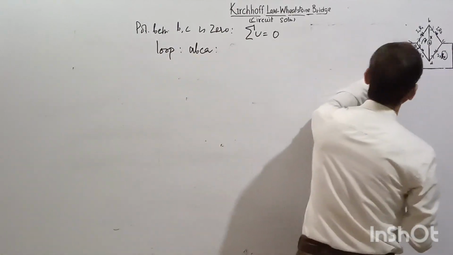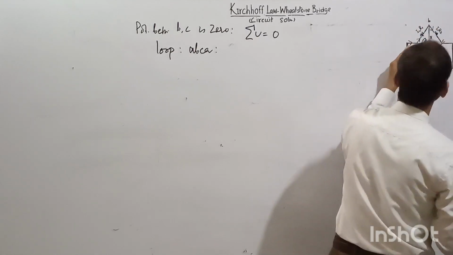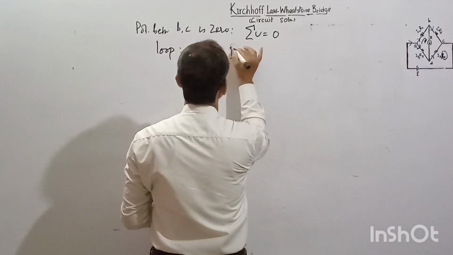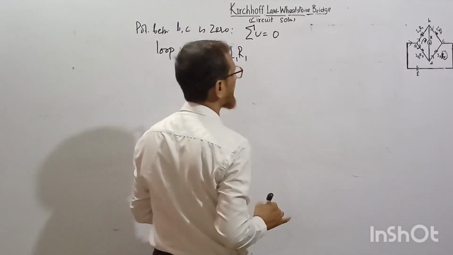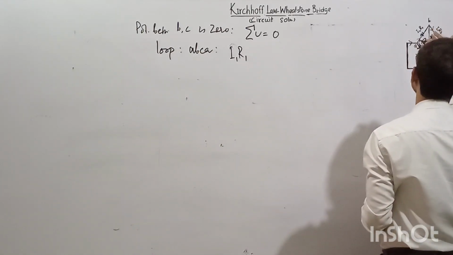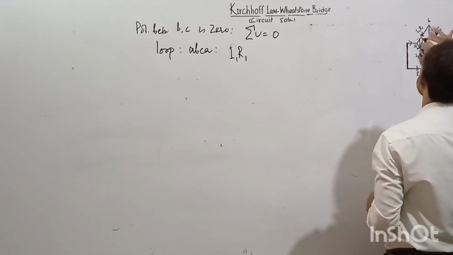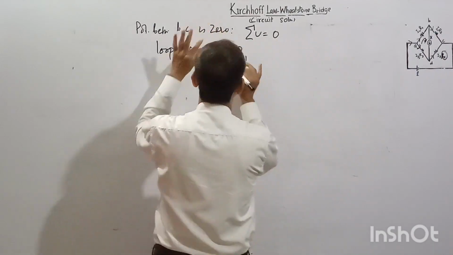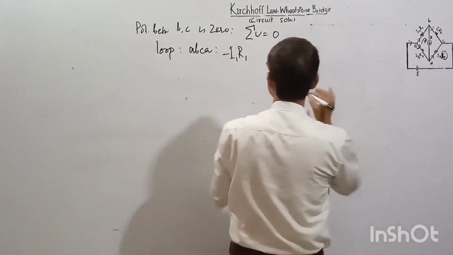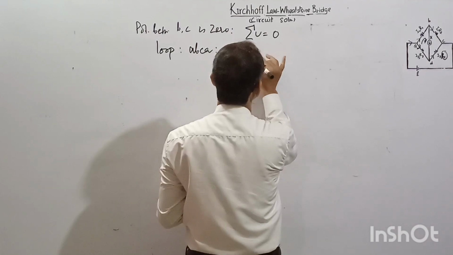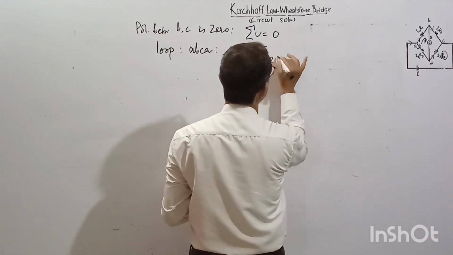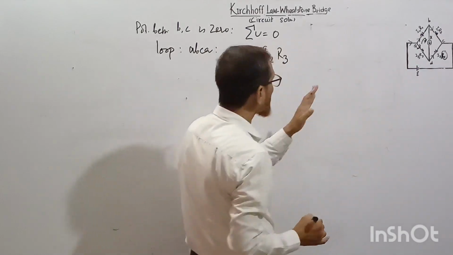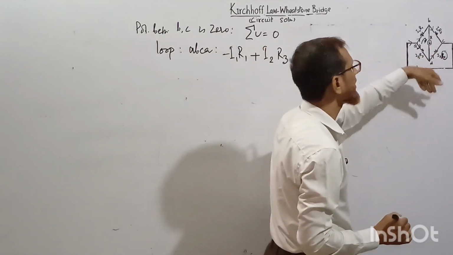So A B C D A, current is passing in this direction. So I1 into R1. Coming in this direction, again it is going in this direction, it is opposite. So this is I2 R3, plus there is some resistance, and there is no question of this.